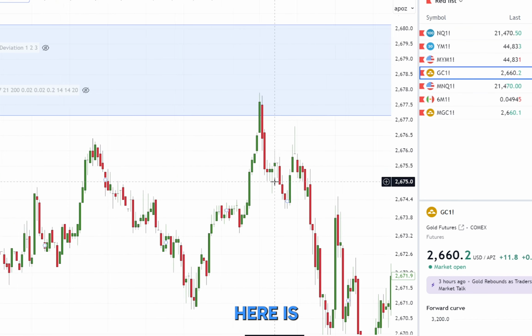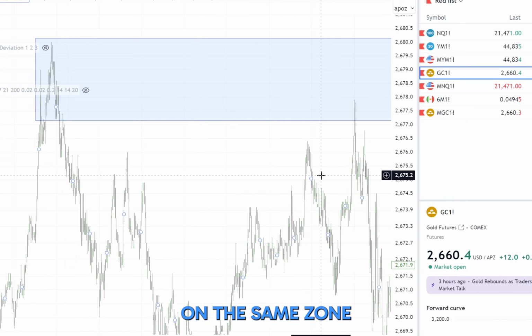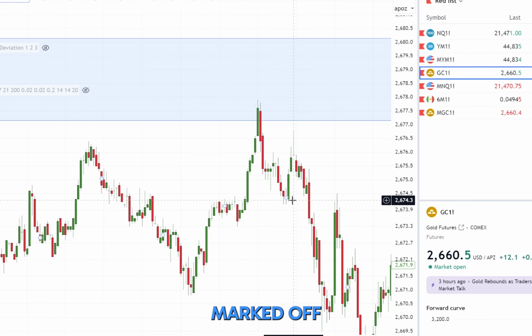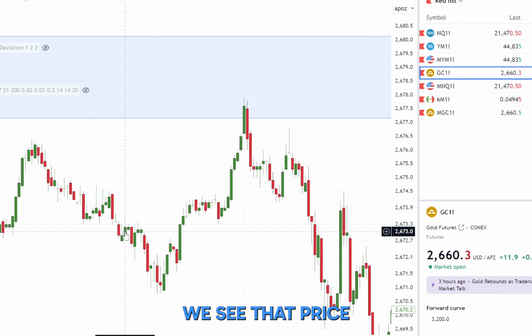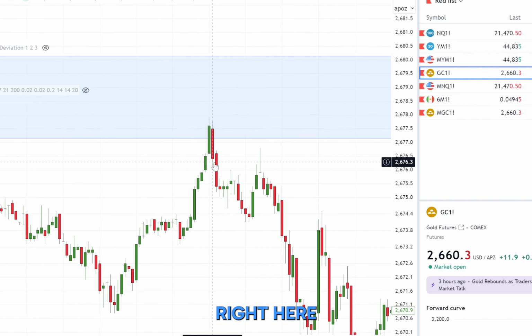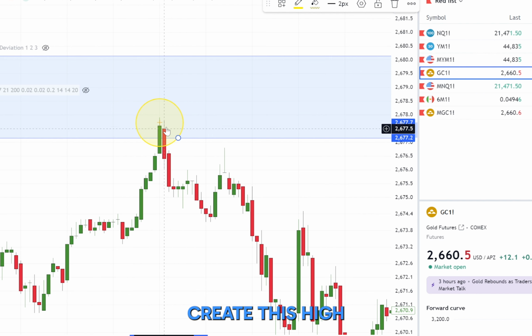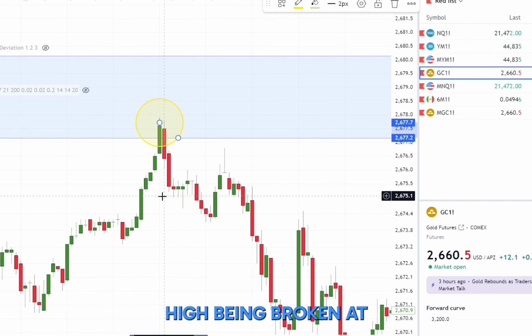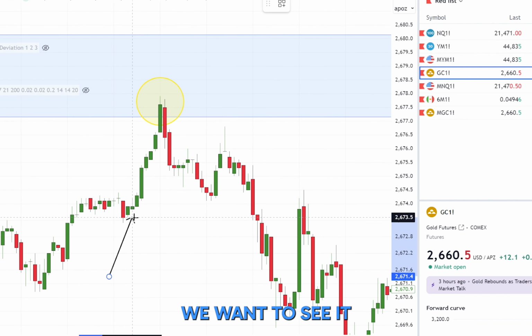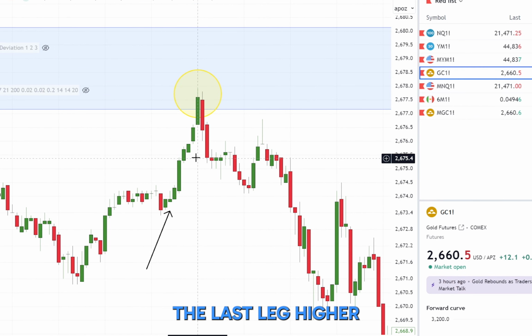Here is another example of this happening on gold on that same zone that we had marked off. So what do we see? We see that price was buying into our zone right here. At this point, what do we want to see? We see price create this high. Where do we want to see that high being broken at? We want to see it broken right here in this area, because this was the last leg higher on this lower time frame.